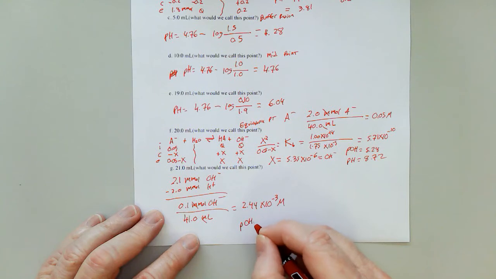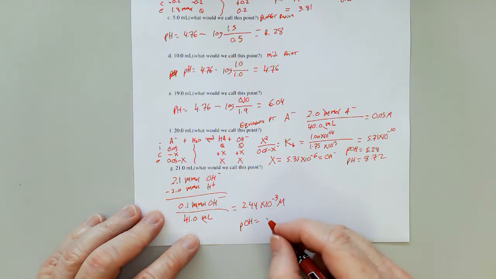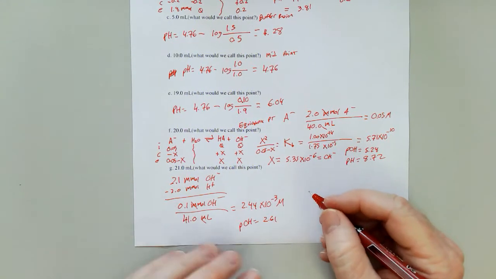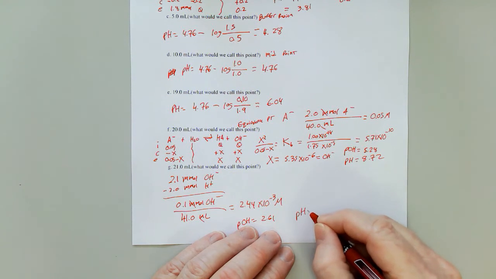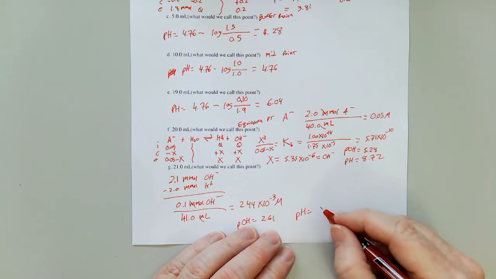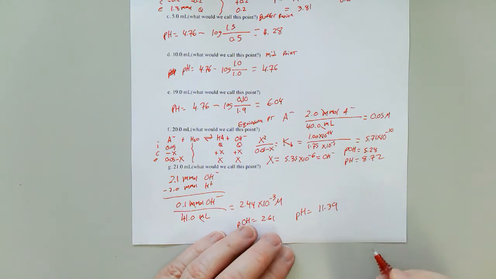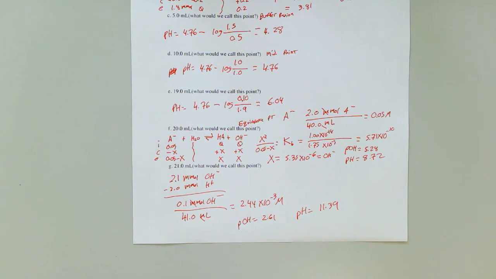So the pOH equals the negative log of that, which is 2.61. Subtract that from 14, and the pH equals 11.39. And that actually makes sense. It should be a pretty high pH because the only thing determining the pH at this point is the excess hydroxide ions.